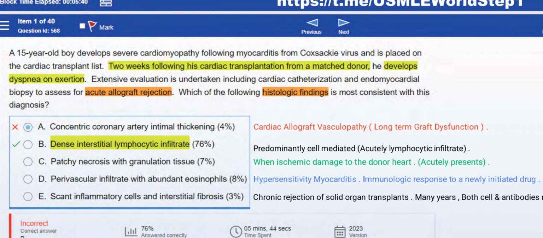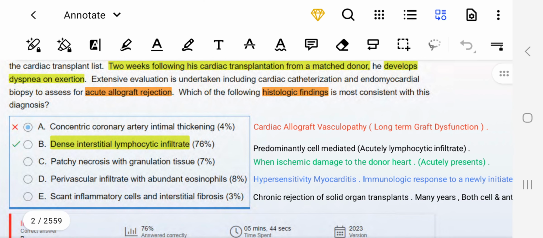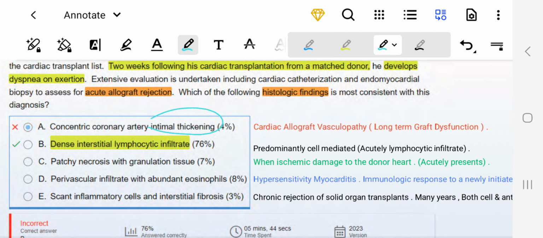Option A is concentric coronary artery intimal thickening. This one, intimal thickening, and the last option, scant inflammatory cells and interstitial fibrosis, these two options are associated with chronic rejection.